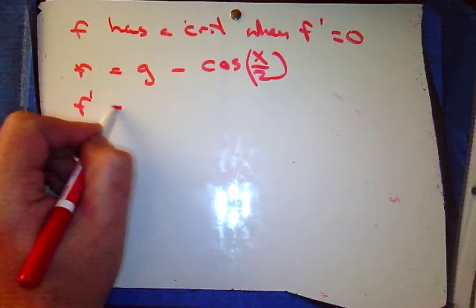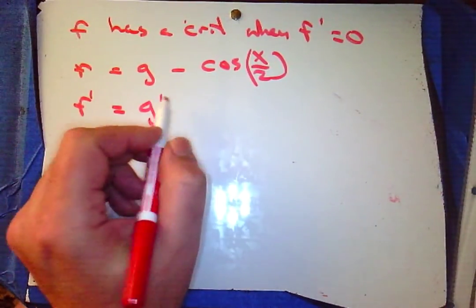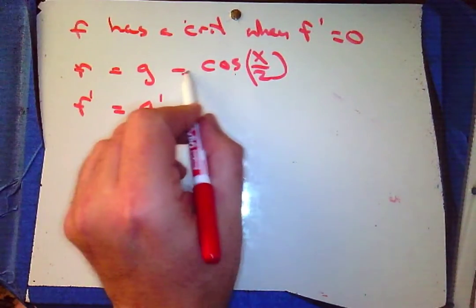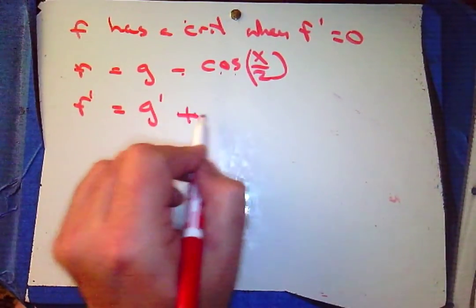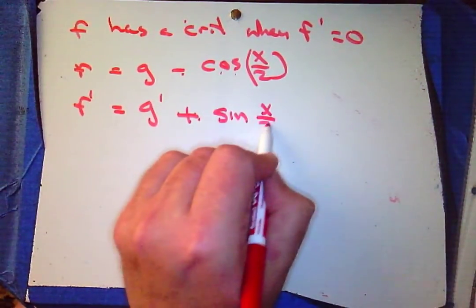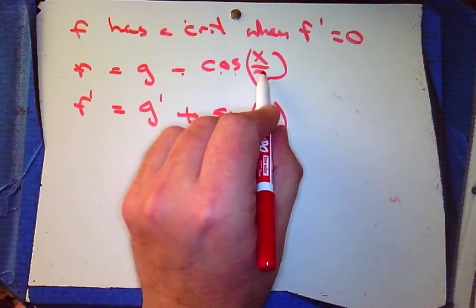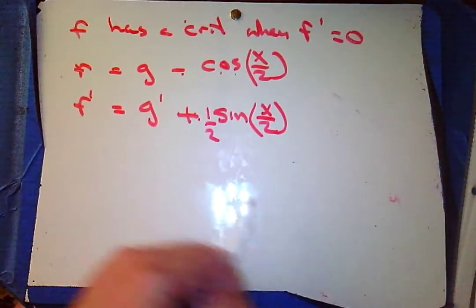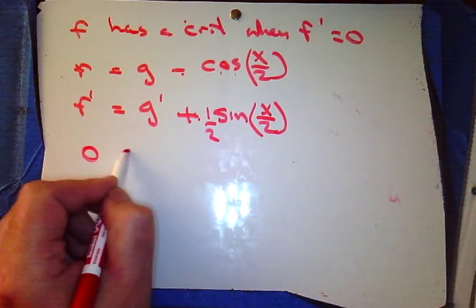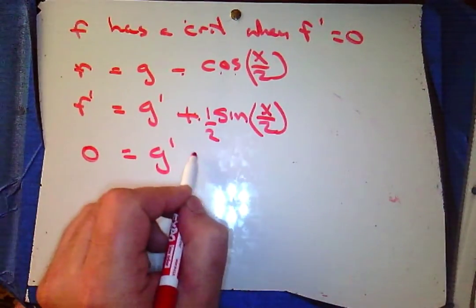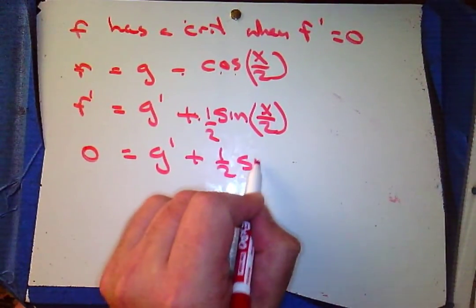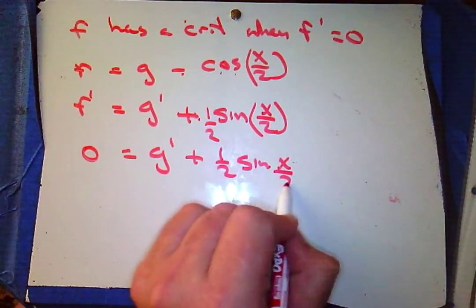So f prime is going to be g prime, and the derivative of negative cosine is positive sine of x over 2, times the derivative of the inside, 1 half. And I'm wondering when f prime is equal to 0: g prime plus 1 half sine of x over 2.